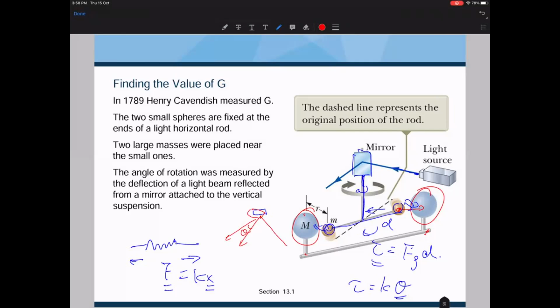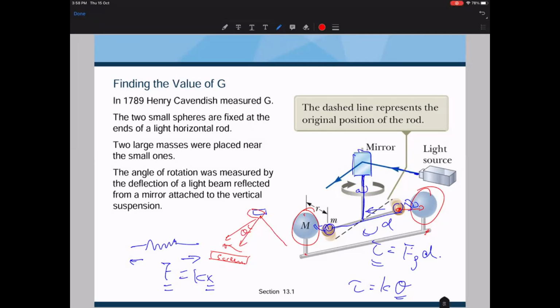And if your screen is far away from the mirror, then you will see the movement of the light beam. So by measuring the distance in which the light beam moves on the screen, he could actually calculate the rotation of the mirror. That is actually quite a clever design.